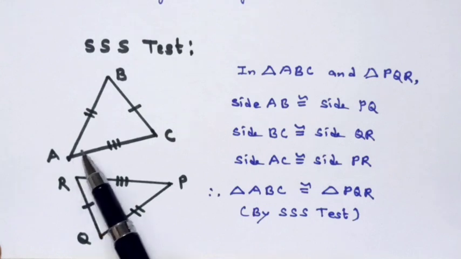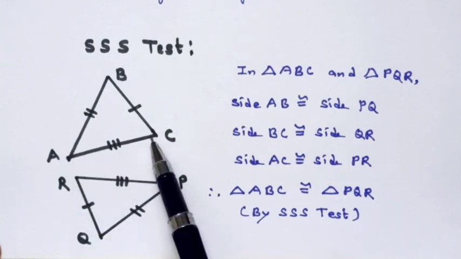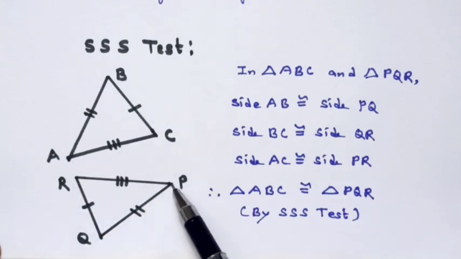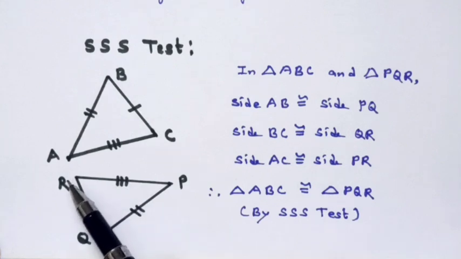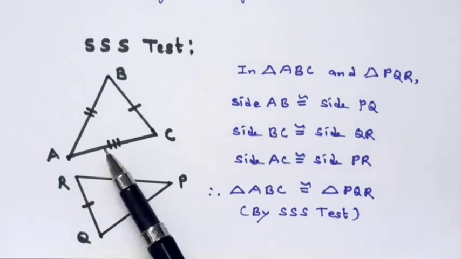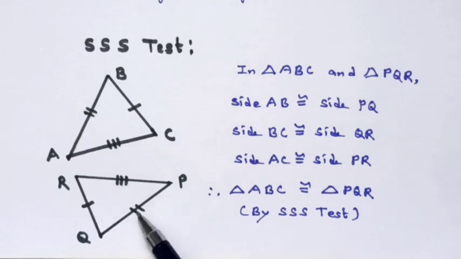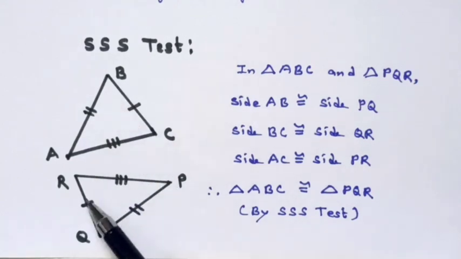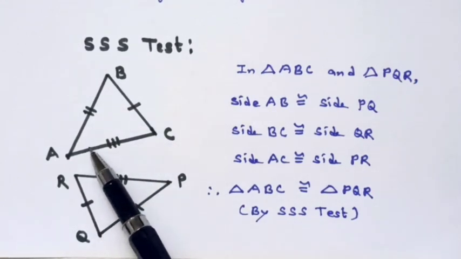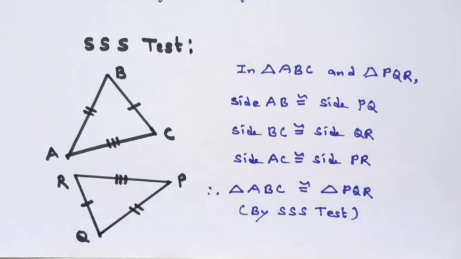Also, side AC from the first triangle is congruent to side PR, the second triangle. So you can say AB is congruent to PQ, BC is congruent to QR, and AC is congruent to PR.